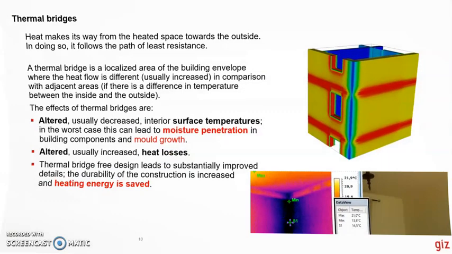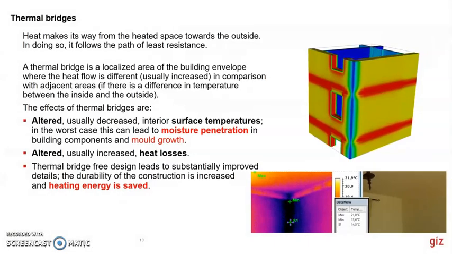Let's go on to an underestimated value, which is the thermal bridges. So heat makes its way from the heated space towards the outside. In doing so, it follows the path of the least resistance.